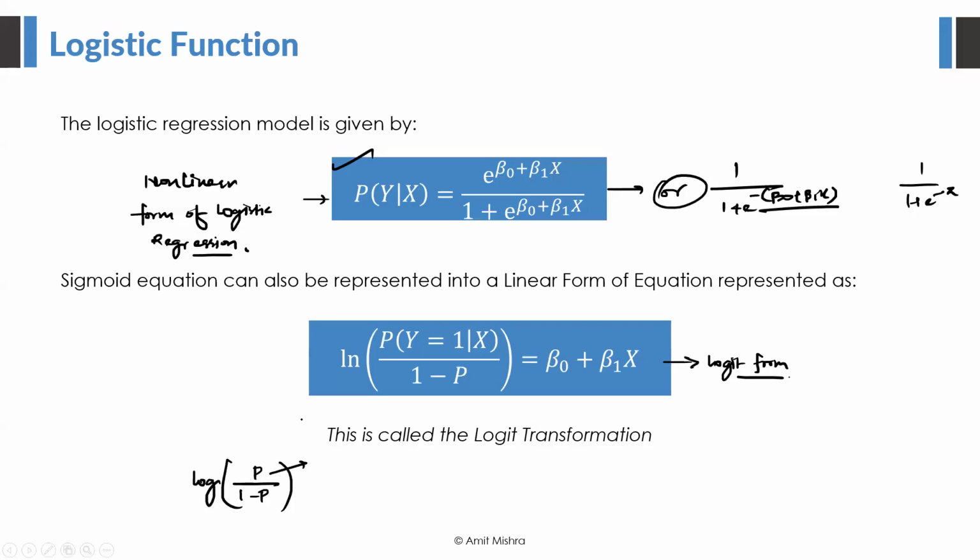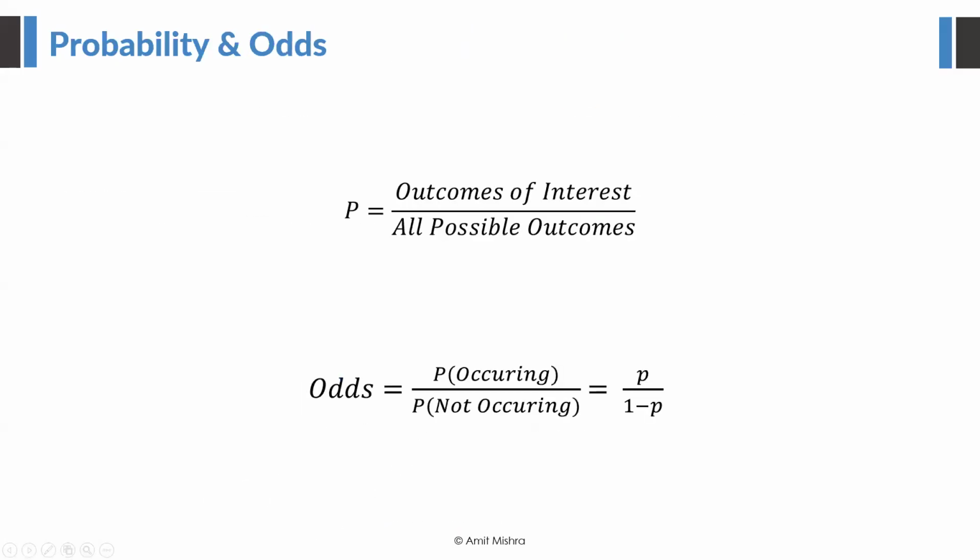Why log of odds? Because odds means this: the probability of success p, and 1 minus p is the probability of failure. One represents the probability of success, the other represents the probability of failure.